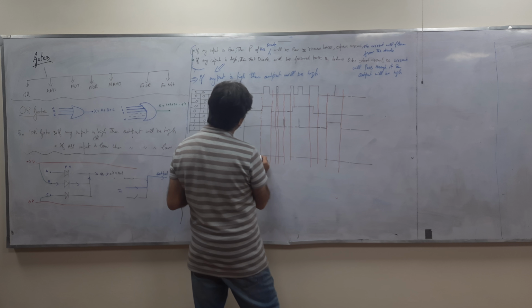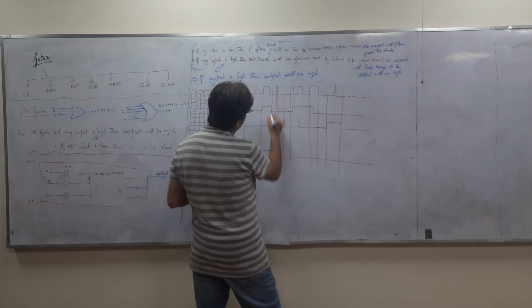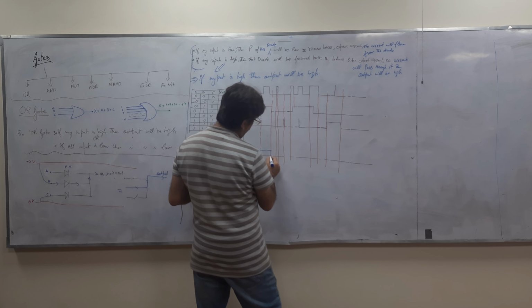For this time all are 0, so that is 0, but B is 1 for this time, B is starting and will end at this point. At this red line everything becomes 0 again. For this time every input is 0, but for this A input is 1, that is why this becomes 1.